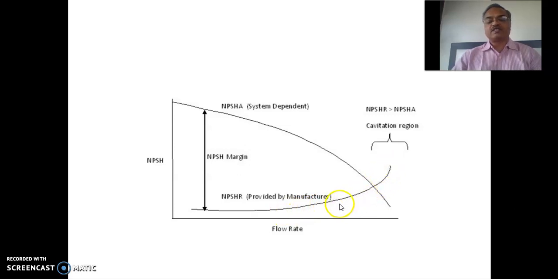The manufacturer gives in its catalog the NPSH required for that pump, and depending on the site where we are going to install this pump, the NPSH available can be calculated, and as I have stated earlier, NPSH available should always be more than NPSH required. After this point, you can see the NPSH required is more and available is lesser, so cavitation will take place.